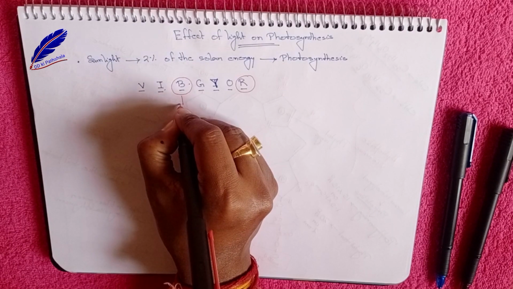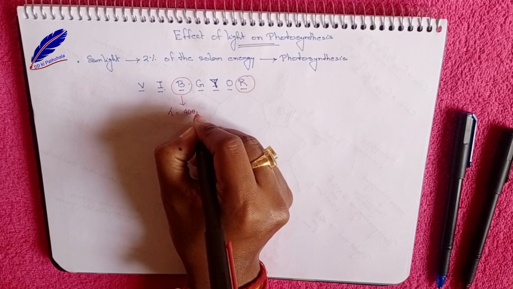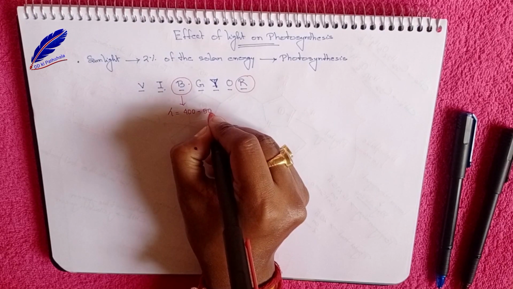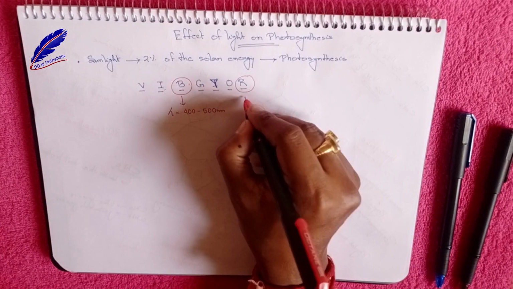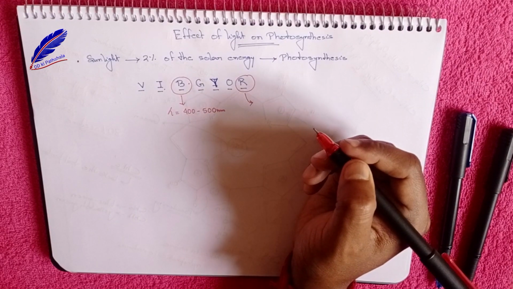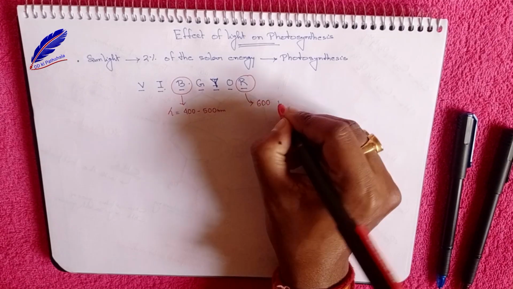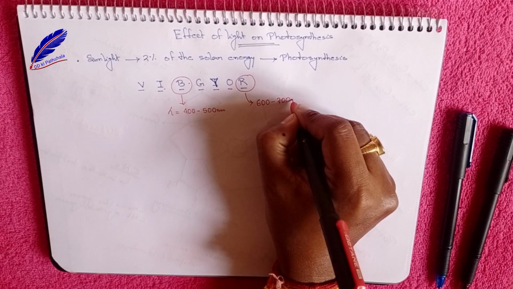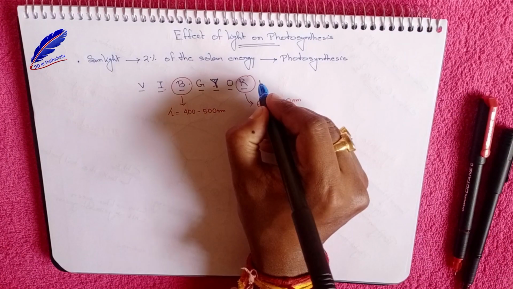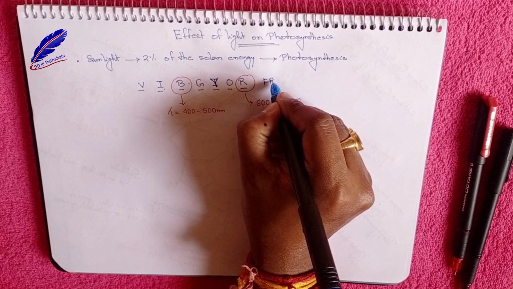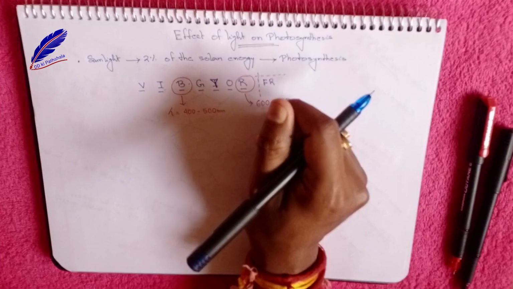The wavelength of the blue light zone lies between 400 to 500 nanometer, while that for red light it lies between 600 to 700 nanometer. Beyond red light there lies the far red light, which we cannot observe by our naked eyes.